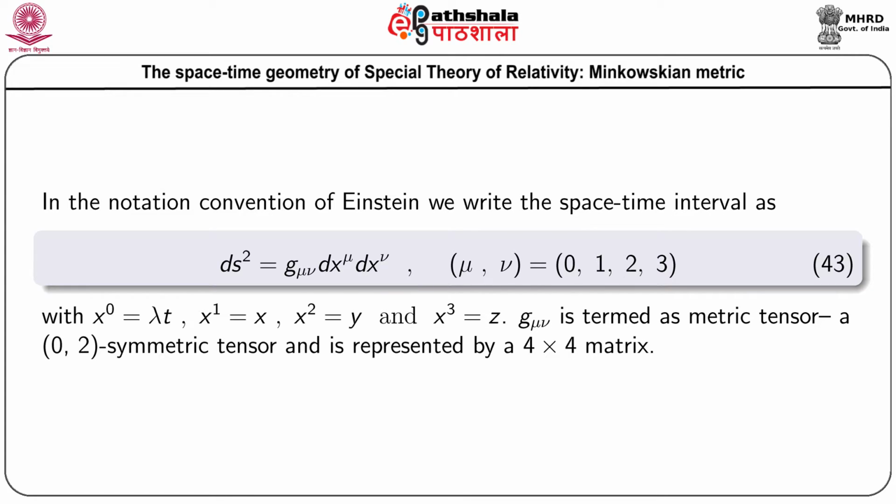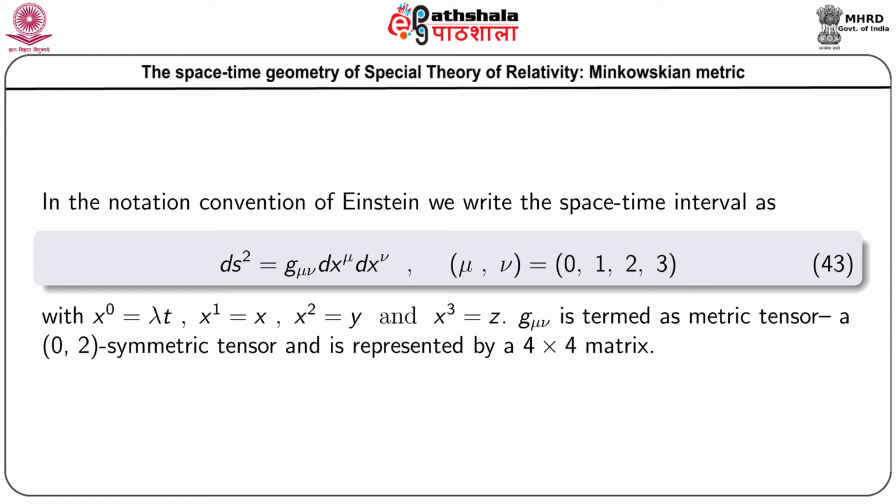Now, if x0 equals λt, x1 equals x, x2 equals y, and x3 equals z, then g_μν is termed as a metric tensor, which is a (0,2) symmetric tensor and is represented by a 4×4 matrix, as the dimension is 4.